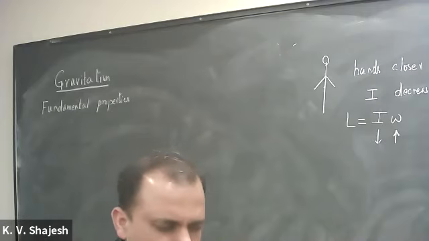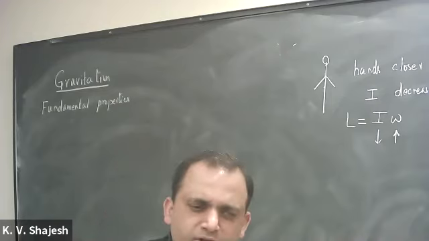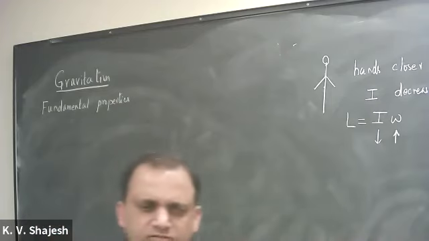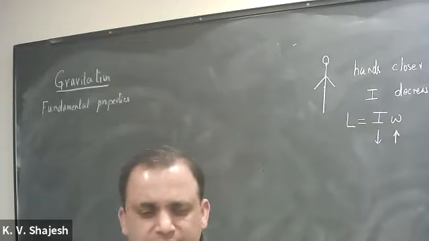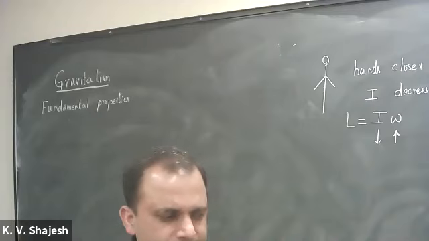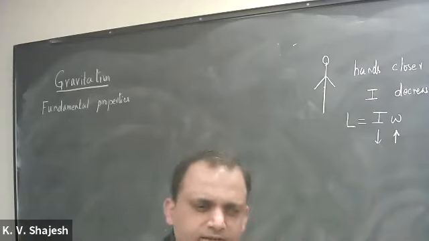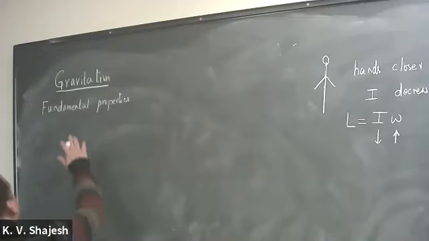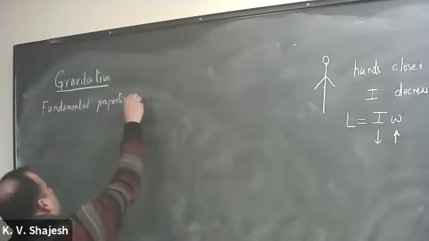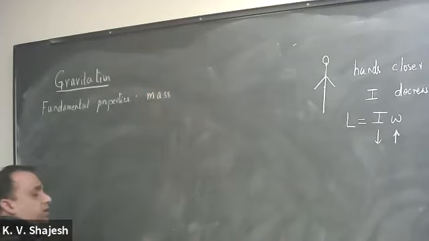In that way of looking at things, if we were to associate properties to these electrons and protons, what really distinguishes these particles? At that stage, the fundamental properties come out to be, one, the mass of the particle.